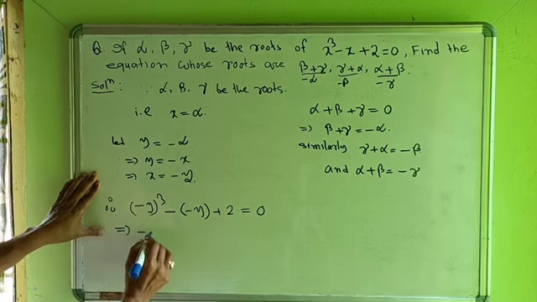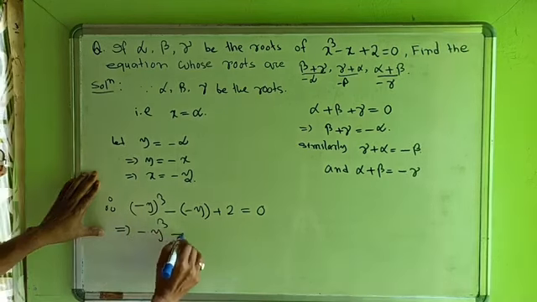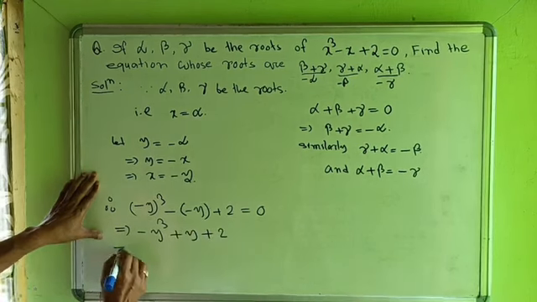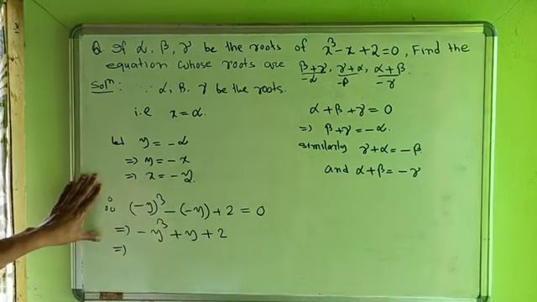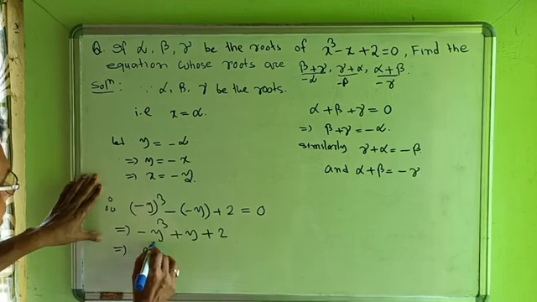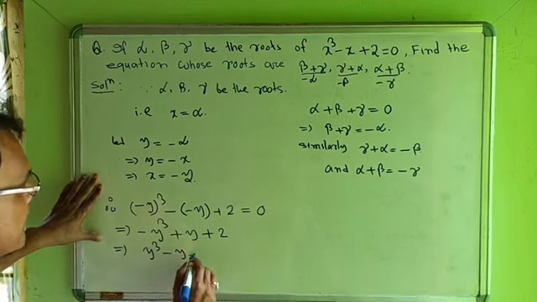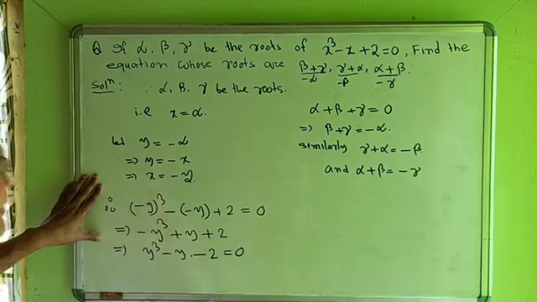This is equal to minus y cube plus y plus 2. After multiplying by minus 1, we get y cube minus y minus 2 is equal to 0.